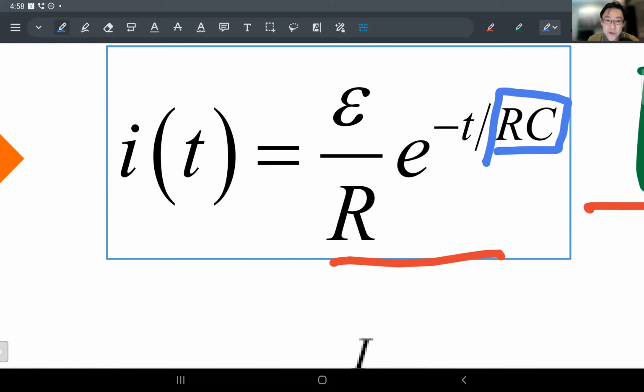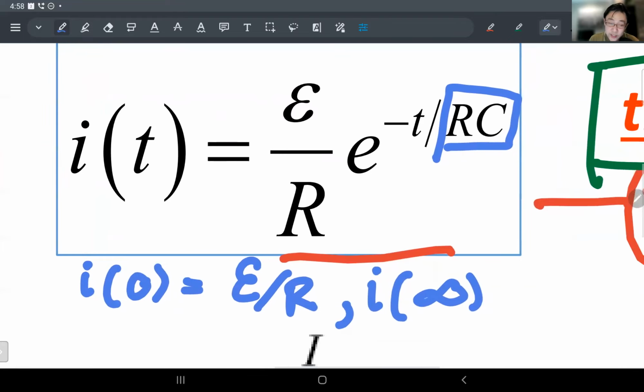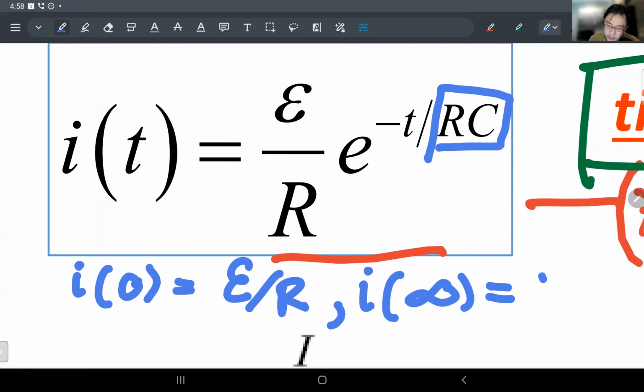So RC will tell you how fast or how slowly this current is going to change with time. One thing you know is that at time 0, you start with E over R, because you just plug in t equal to 0 in this equation and you're done. And what if you wait very, very long? Well, this is exponential decay, so you are going to get 0 at the end.